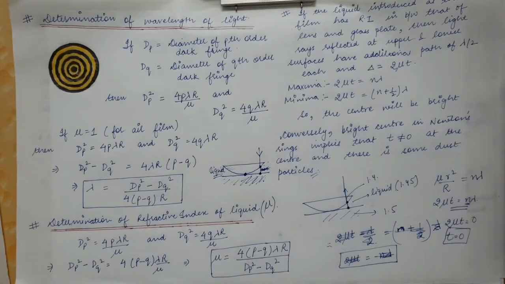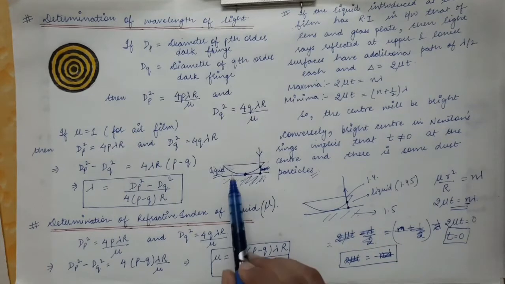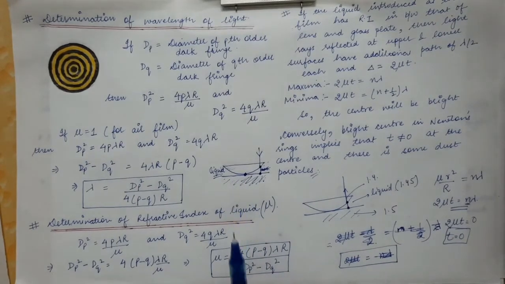Now when you do the Newton rings experiment in the laboratory, you generally use an air film. So only an air film is introduced. So the central fringe in case of that experimental setup should always be a dark fringe because we are using an air film.